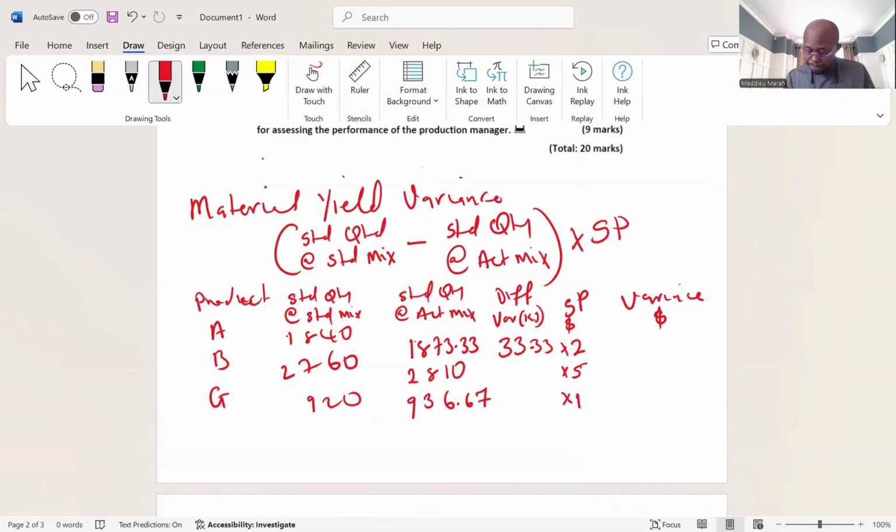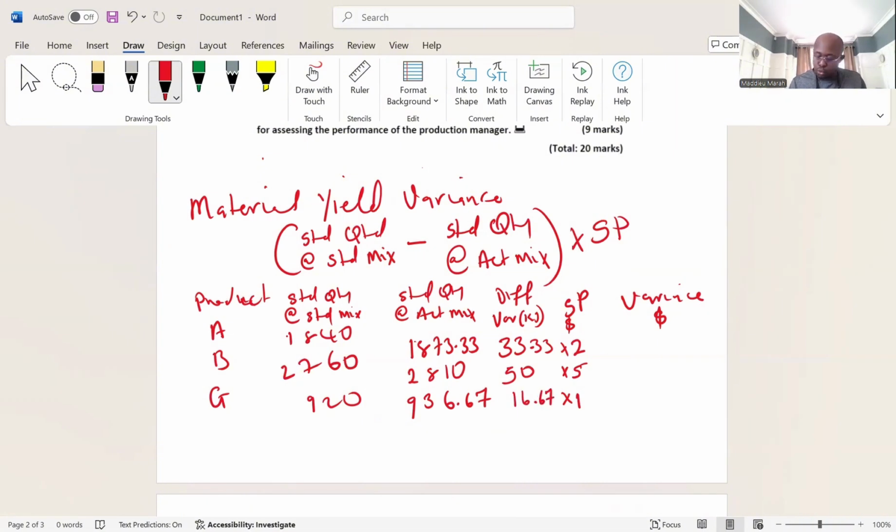So the next one, 2760 minus 2810. This gives me 50. The next one, 920 minus 936.67. This gave me 16.67.